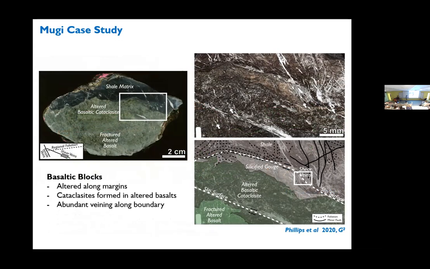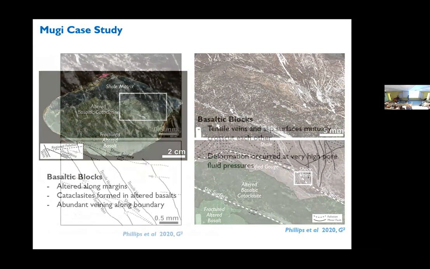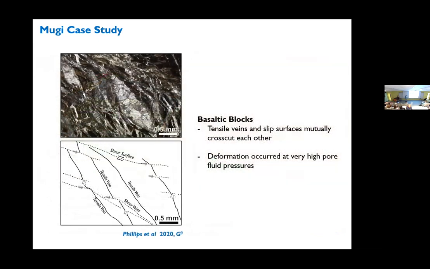And if we zoom into the veins, you can see different orientations to the veins. So we have these tensile veins, they're relatively high angle to the block. And then we have these shear veins, which are offsetting the tensile veins. These are mutually cross-cutting one another, indicating that this kind of cataclasite formation is happening at really high pore fluid pressures.